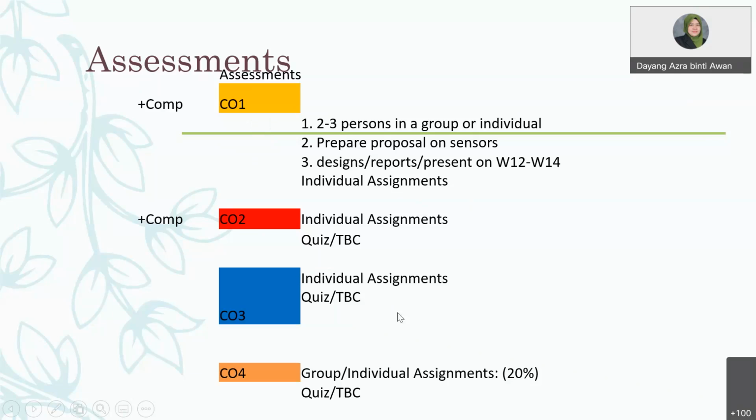It's easy to get 10% from CO1, CO2, and CO3. Please also participate in the quizzes and other activities in the Ellipse. If you have a problem with your internet connection, no worries, just inform me. You can do it later as long as you do the submission.